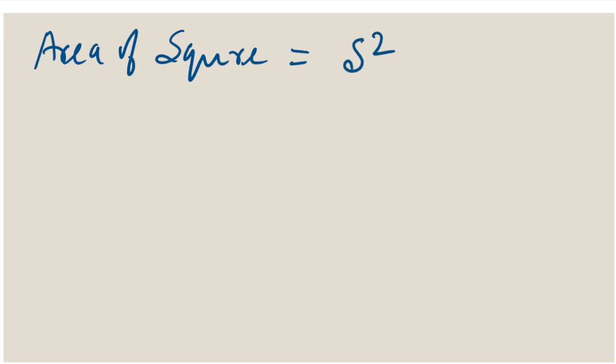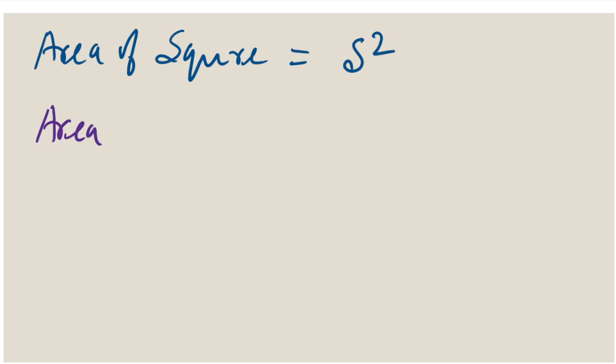So area of square will be S square, right? When we first fold it diagonally, then the area will reduce by half.